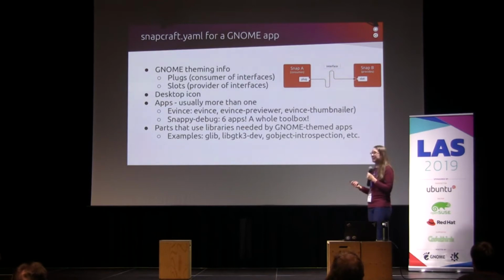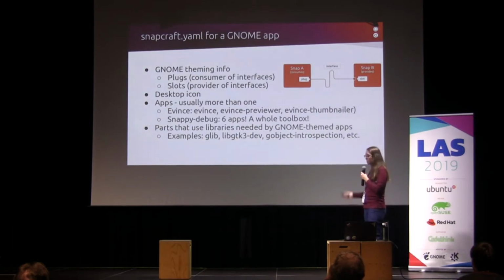An example is if you have an application that needs access to the camera interface, then you have to define some sort of plug that consumes that information. For a slot, an example would be if you want to provide the name of your application for dbus to register with, like GTK application registration. That is a slot. It provides this information to the system.